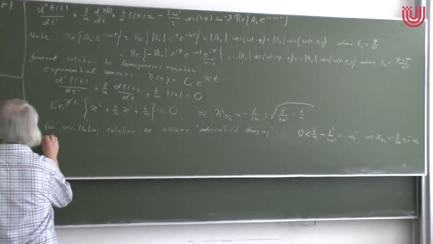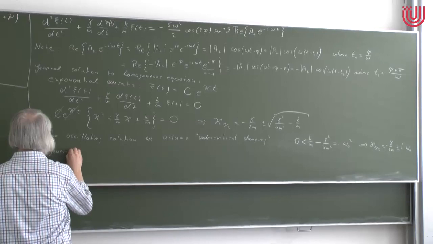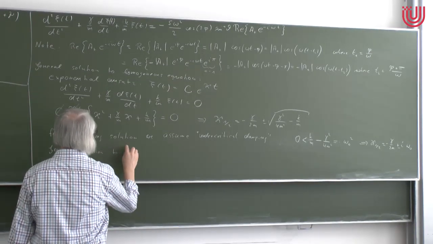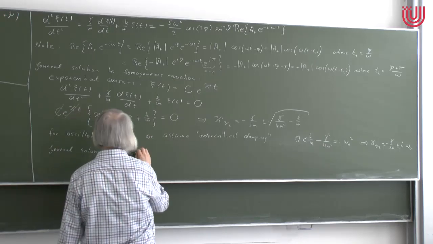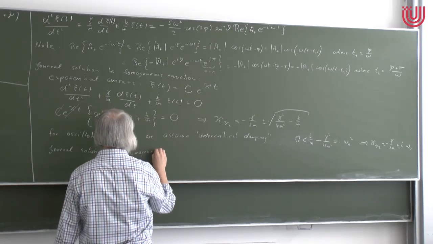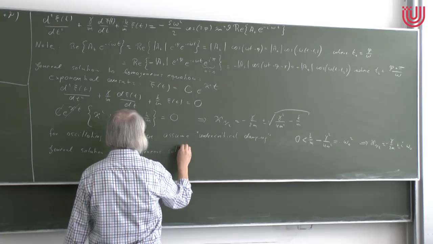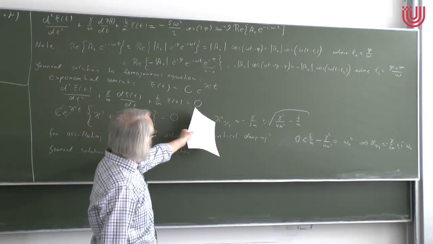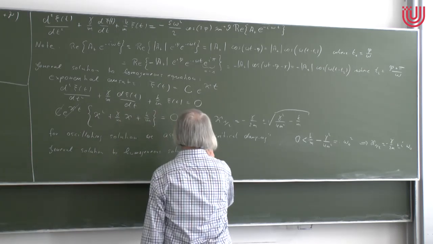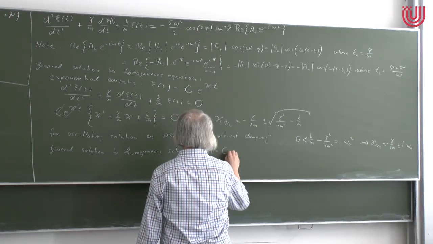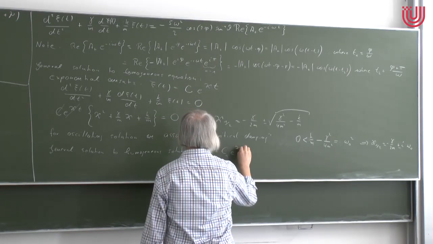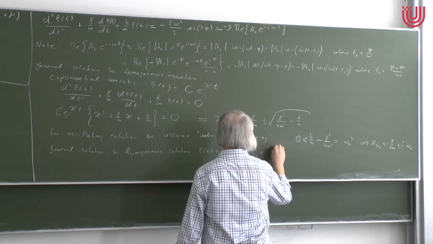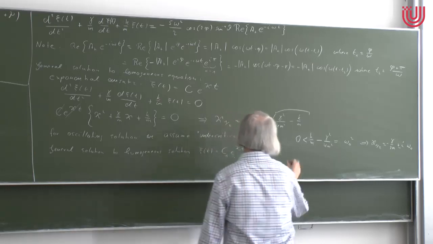So the general solution to the homogeneous equation, in this case, if you assume under-critical damping, is a superposition of the two solutions, one with kappa 1, one with kappa 2. So psi of t is C1 e to the kappa 1 t plus C2 e to the kappa 2 t. And what is this?